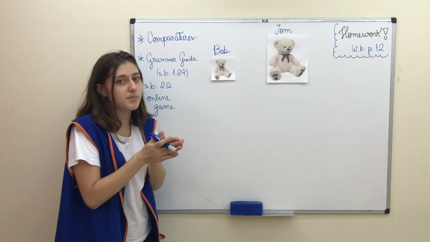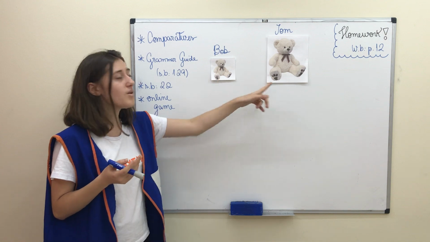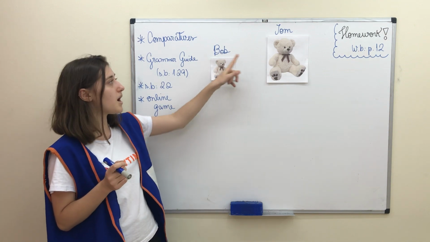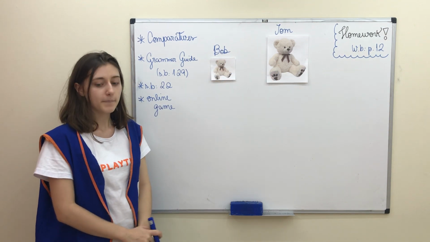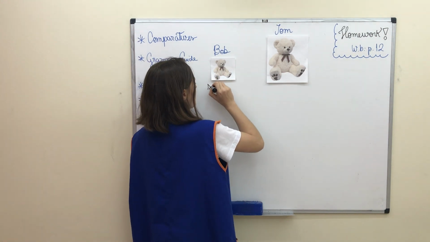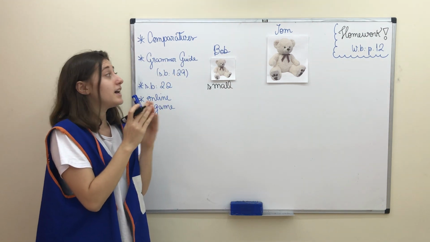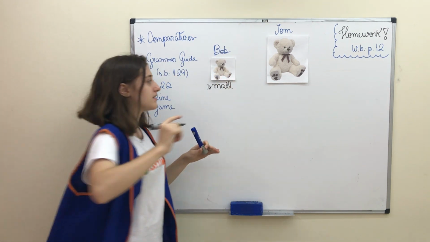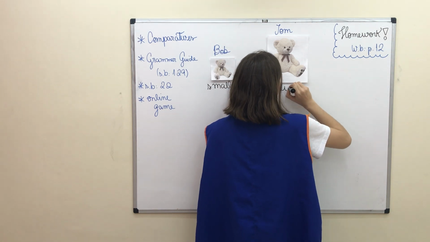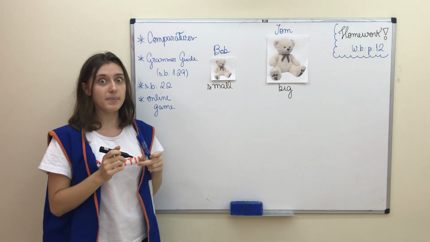Actually, they're the same, okay? But what is the difference between them? Qual a difference between Bob and Tom? One of them, Bob, is small, right? Bob is small, and Tom is big, okay? So Bob is small and Tom is big, all right?